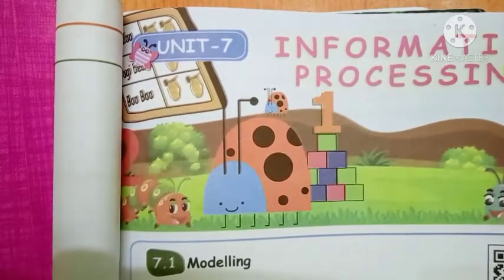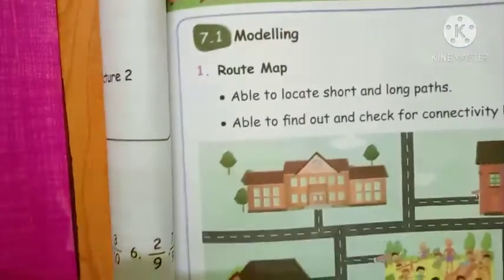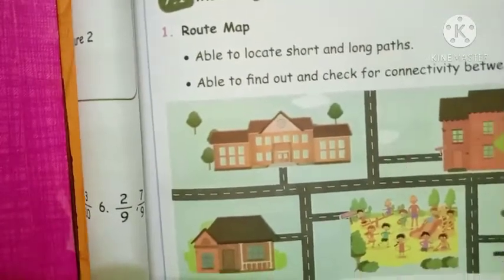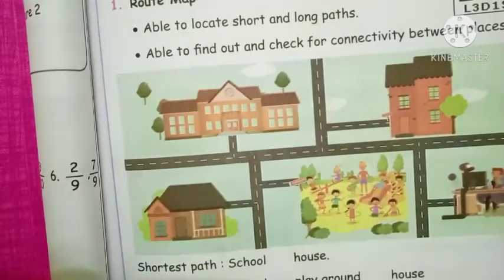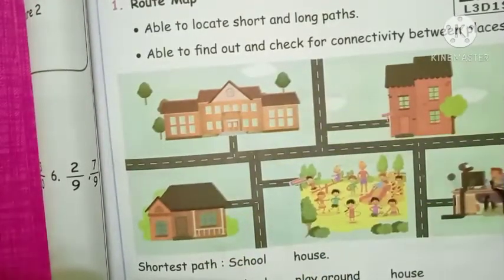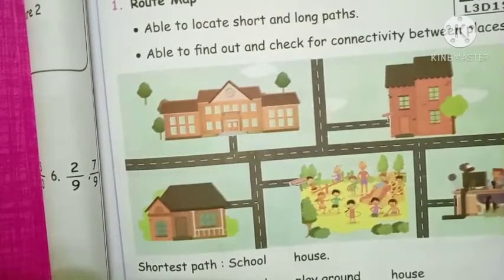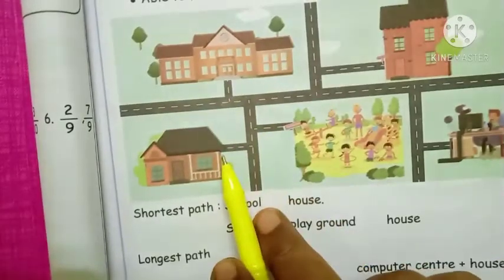Here in your book, an exercise is given for route map. A route map is about how you travel from your house to school. Here the example picture shows school, house, playground, computer center, then library. School to house is the shortest path.